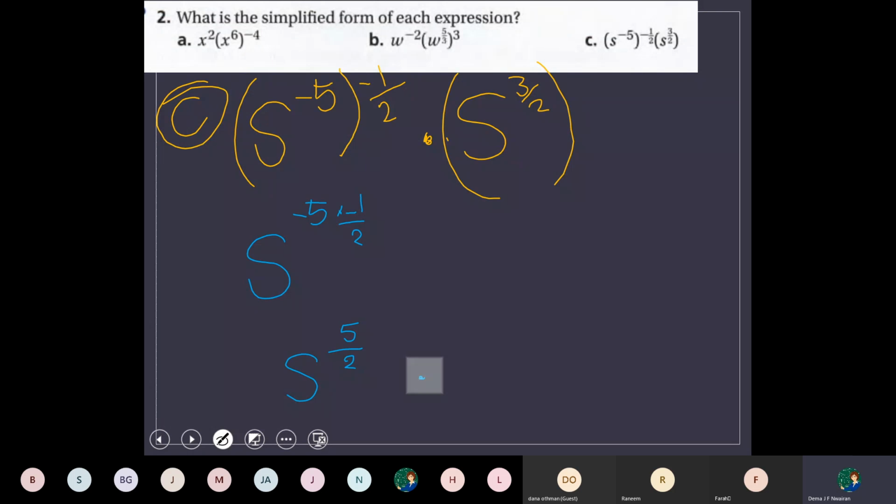Then multiplying by s to the power 3 over 2, it is like times 1 because there is nothing else, so it stays 3 over 2.